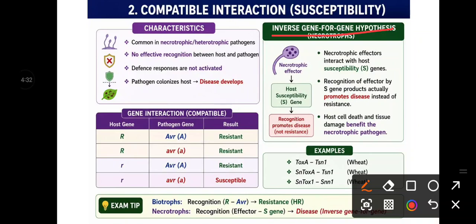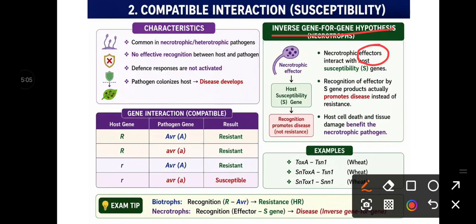Elicitor means a compound that activates plant defense at very low concentration, but effectors are compounds produced by the pathogen that modify the plant metabolism in favor of the pathogen and trigger disease, but elicitors trigger the plant defense response. This is the difference. I have already prepared a separate video on effectors as well as elicitors. You can check that out in the playlist.